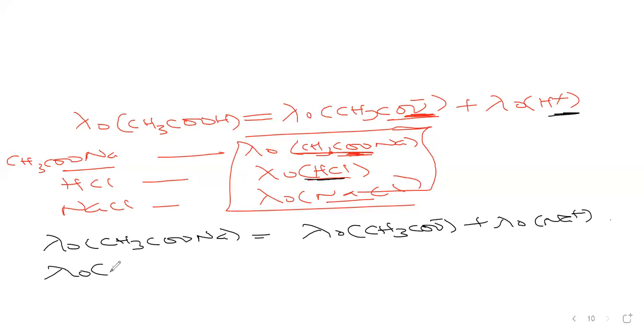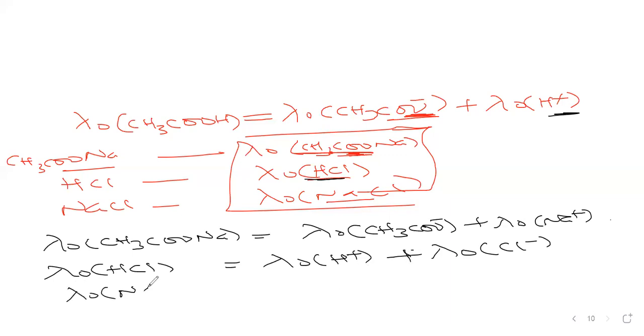For hydrochloric acid, it is equal to that of the hydrogen ion plus that of the chloride ion. For sodium chloride, it is equal to that of the sodium ion plus that of the chloride ion.